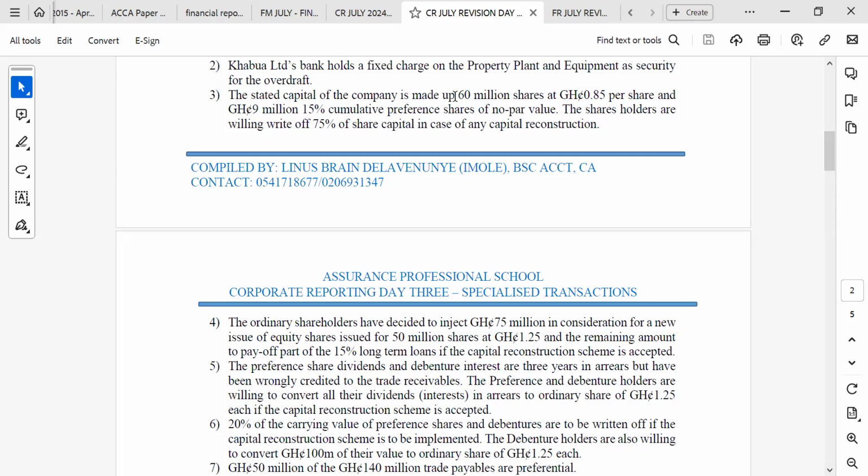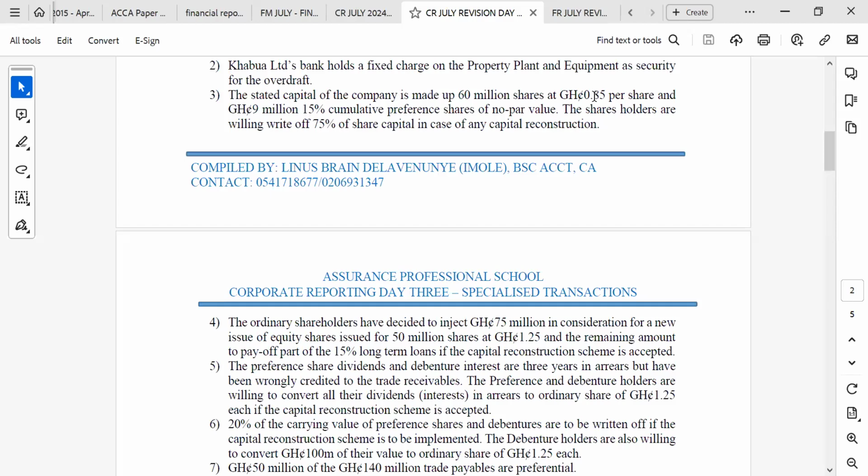So they have given us a breakdown. Equity is 60 million multiplied by 0.85. If you multiply, you'll be getting 51 million. Then the preference shares portion is 9 million. So that is why we have 60 there. So the equity people are writing their shares down by 75%.